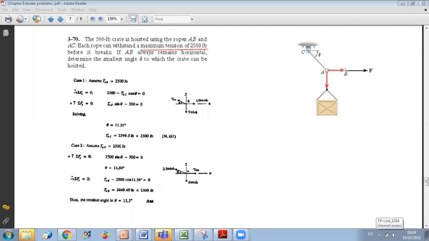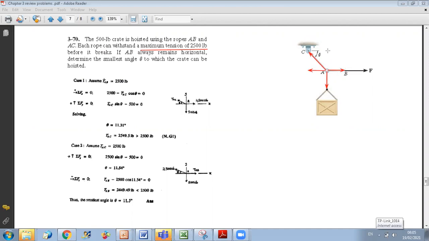Should TAB be lower or higher than TAC to have equilibrium? Lower, because the projection of TAC should oppose TAB, and the projection magnitude is always smaller than the force magnitude. Since the projection of TAC should be equal to TAB, TAC is higher than TAB.